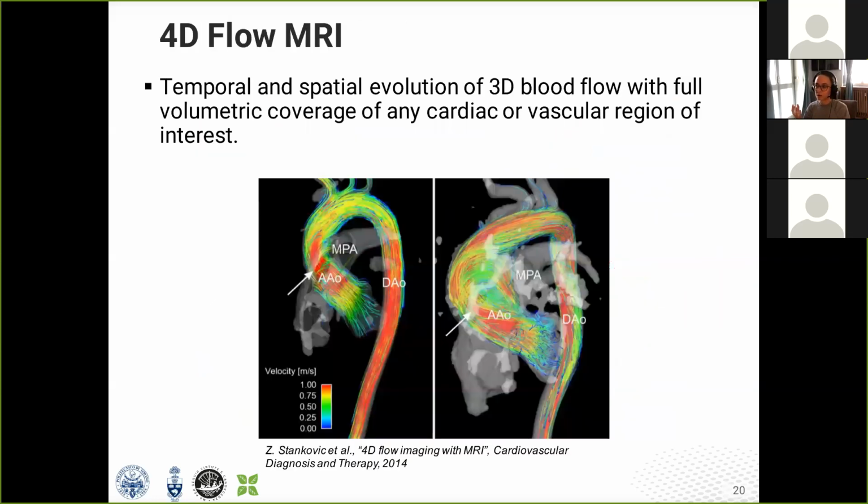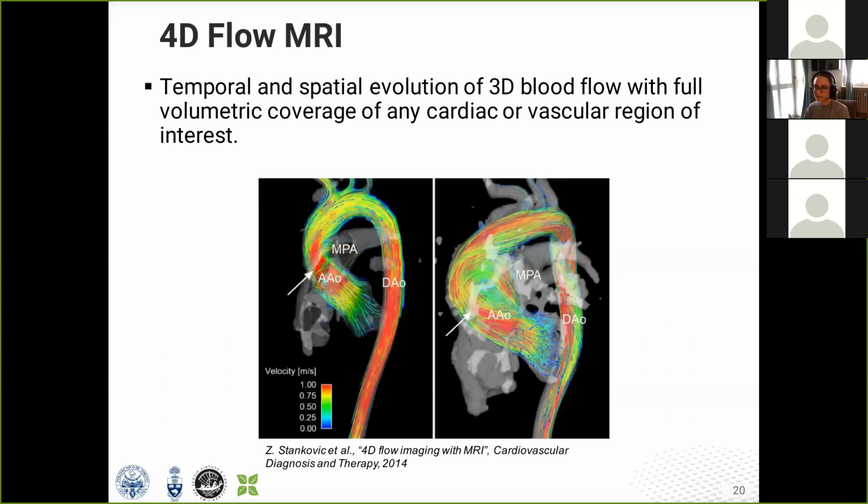A few details about the imaging process we're talking about: it's called 4D flow MRI, and it's a really advanced type of magnetic resonance imaging. It's not even that common around the world, not in Italy, for example, but in Canada, this type of analysis has been done in Toronto.